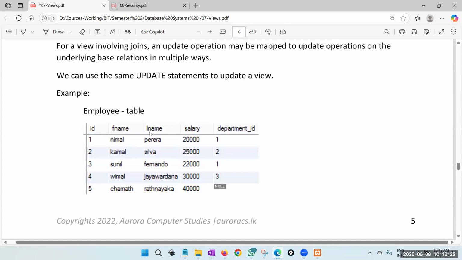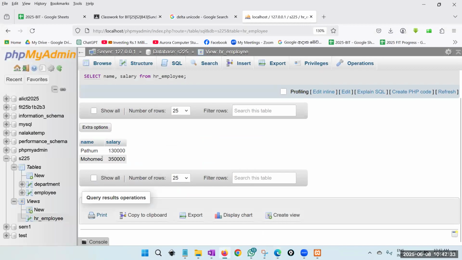Remember, we can even update a view. For example, I want to change the salary of Mohammed from 350,000 to 400,000. So what can I do?